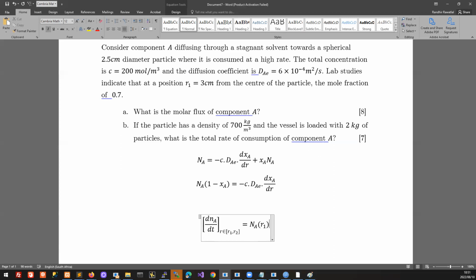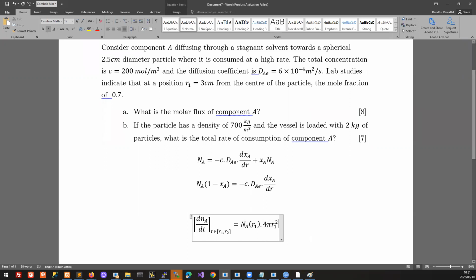And here we have to say times 4 pi R1 squared. Remember, this is the surface area of a sphere, and this is the molar flux on that sphere. So coming into that space between R1 and R2, we've got that flux. That's the flux on that inside surface, and that's the area of that inside surface.